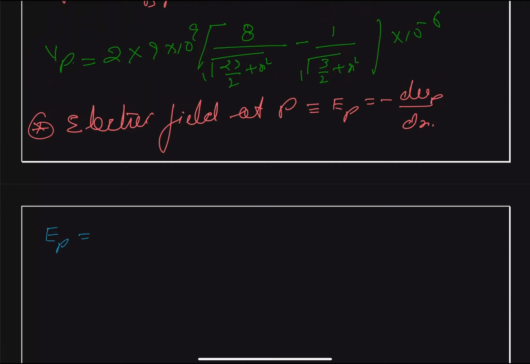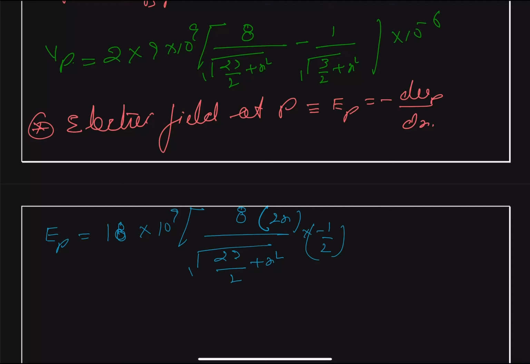So we get our electric field at point P is equal to 18 into 10 to the power 9, and this comes as our 8, and its derivative will be equal to 1 by 2 minus, so this comes as divided by 27 by 2 plus x square and its square root multiplied by 2x, and it will be multiplied by minus 1 by 2 because of the power.